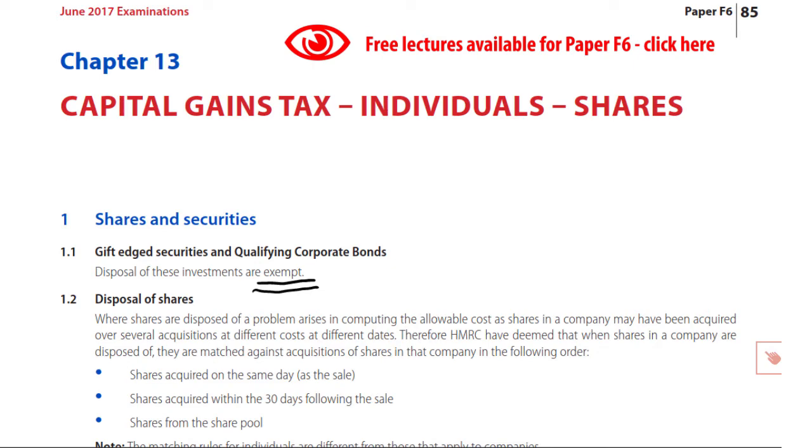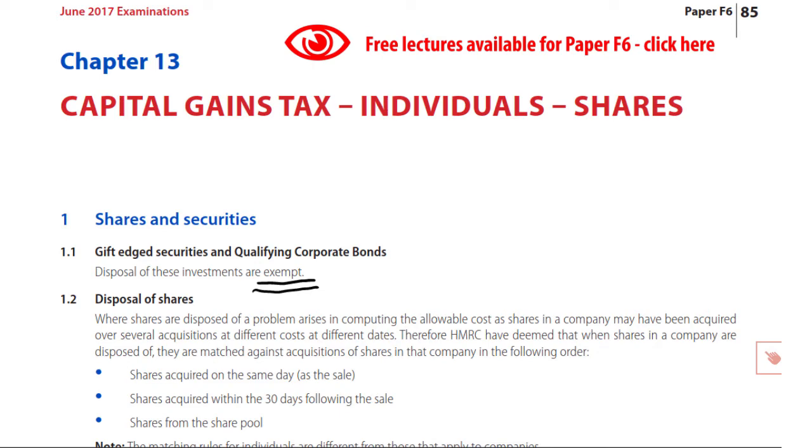And when it comes to the disposal of shares, that market value would be given to you. If you're dealing with unquoted shares, those values, the price, would be given to you. But if you were dealing with quoted shares, as we saw in our first chapter on CGT, then you may be expected to apply the valuation rule that exists there, which is where they tell you that at the close of the day upon which the gift took place, here were the closing prices.